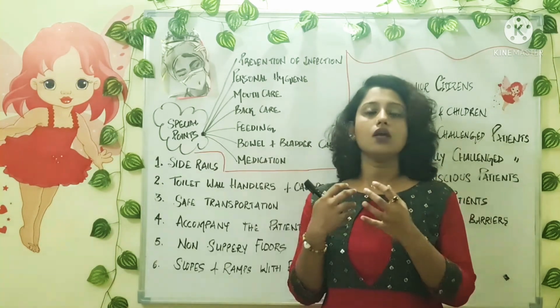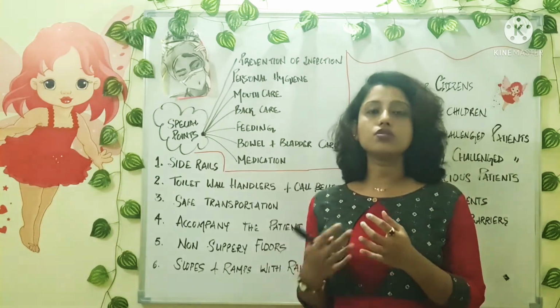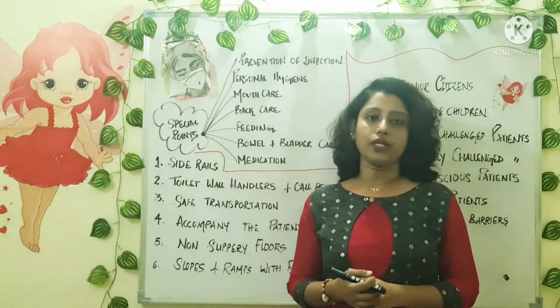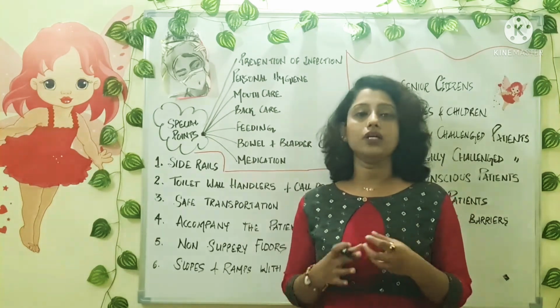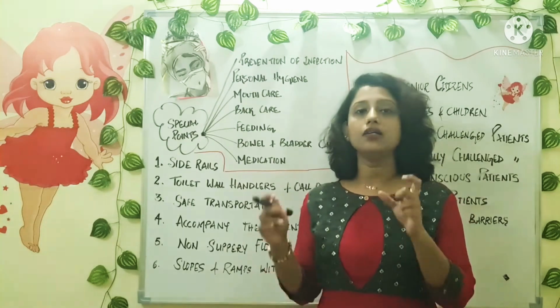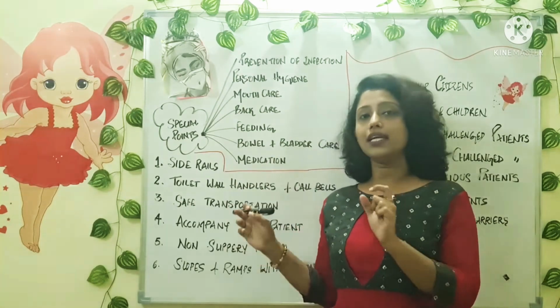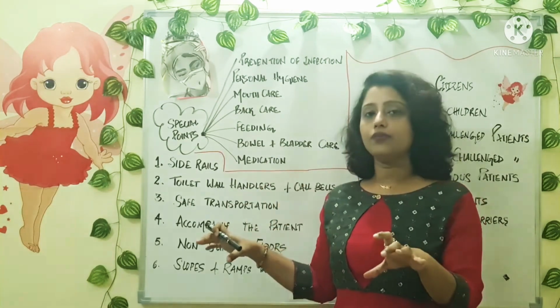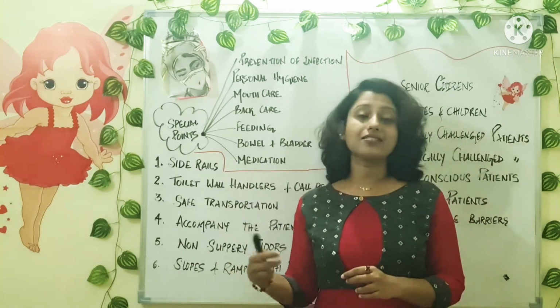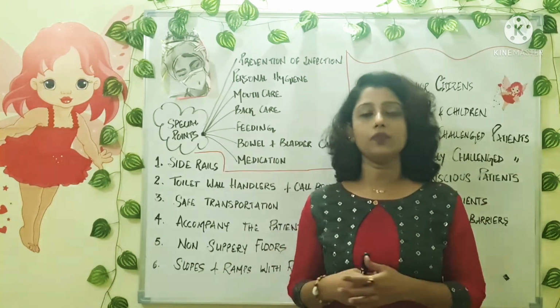The most used color coding for vulnerable patients is orange. So you can have an orange colored tag which you can place over the foot end of the bed, which indicates that this patient is a vulnerable patient.